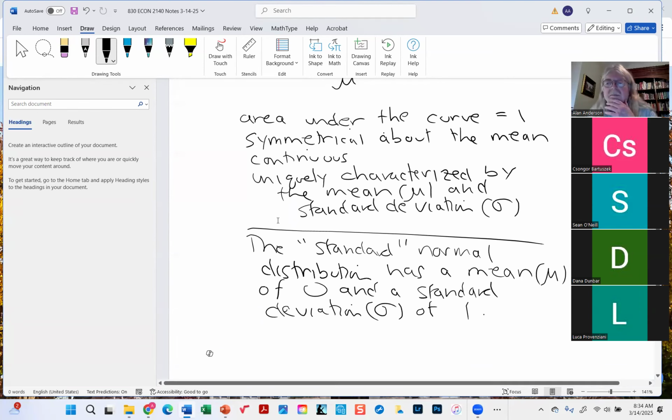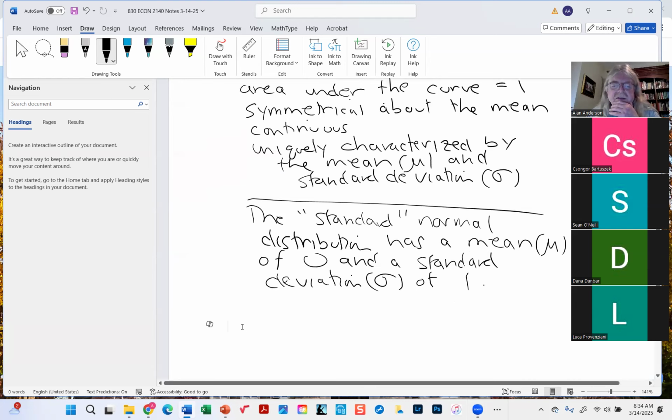I also pointed out last time that when we're using the standard normal distribution, we usually use the letter Z to represent that distribution, whereas all the other cases are represented by an X.